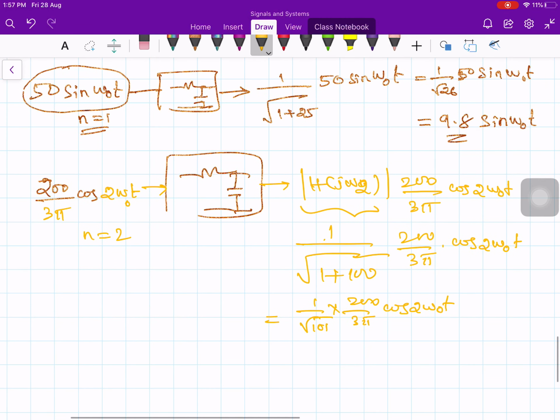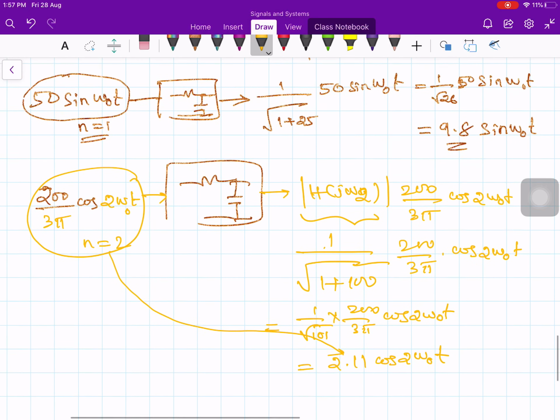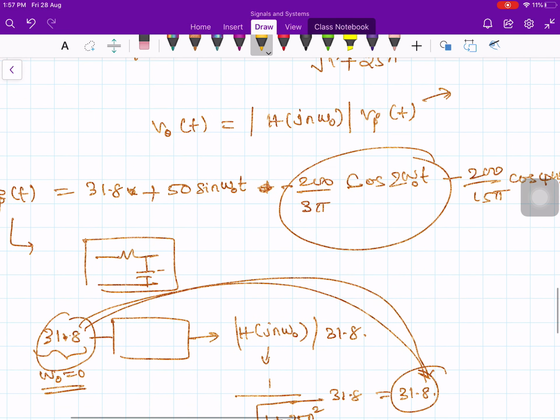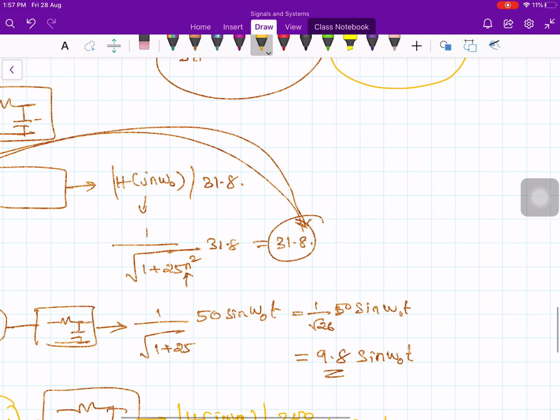If you simplify, then you can verify this, okay? 2.11 times cos of 2 omega naught t. The input signal is this guy, 200 by 3 pi volts, but the output is very small, 2.11 volts cos 2 omega naught t. Now you take another term in the series. What is another term? This guy, 200 by 15 pi.